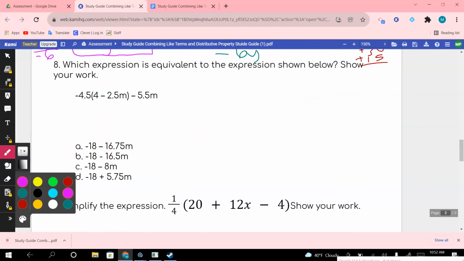Number 8, which expression is equivalent to the expressions below? Show your work. Okay, inside of the parentheses, we cannot do that. So the next step is exponents, which we don't have. Then we have multiplication and division. We have that multiplication, so negative 4.5 times positive 4.